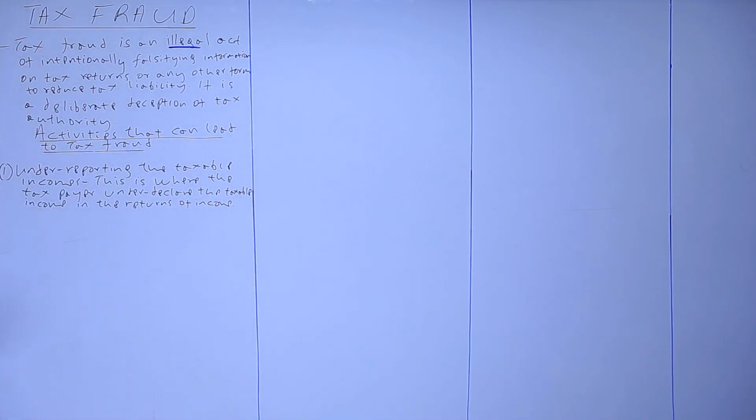What we are trying to say is that one way you can engage in tax fraud is when you are filing the returns and declaring taxable income, the one the KRA will charge tax on, you state a lower figure than the actual figure. So they are going to tax you on a lower figure, and in the process you pay less tax. That is one way.